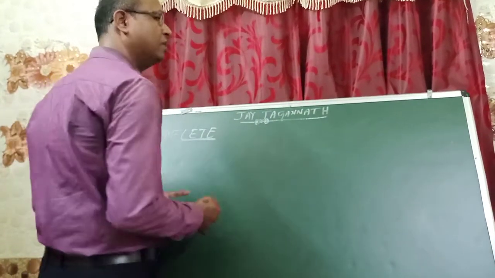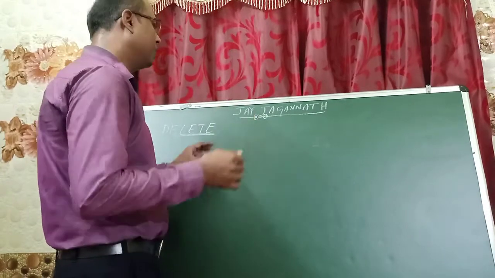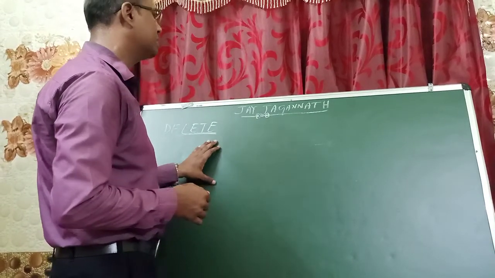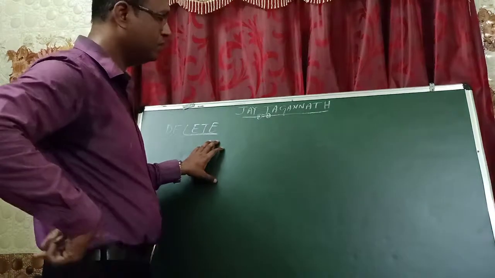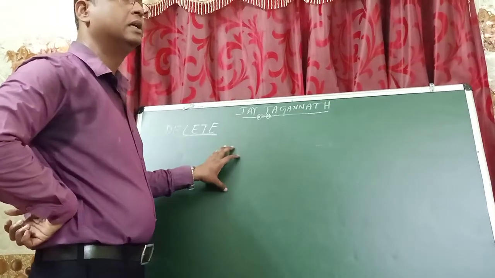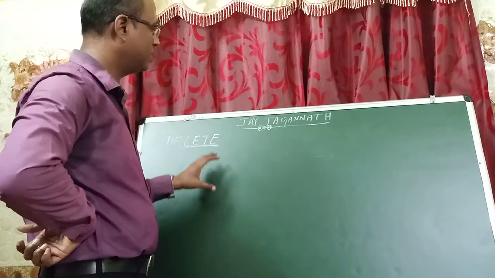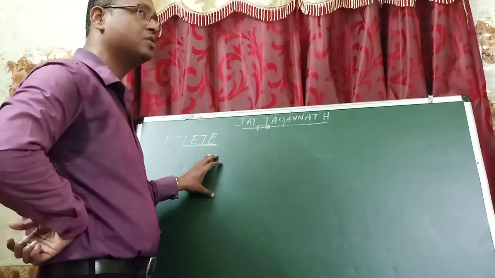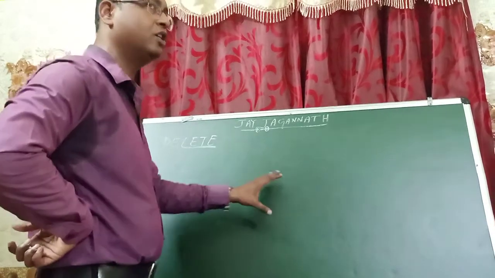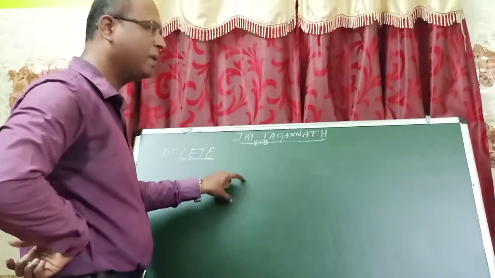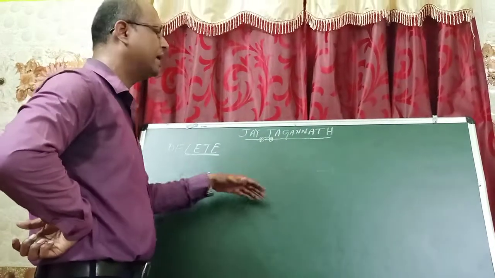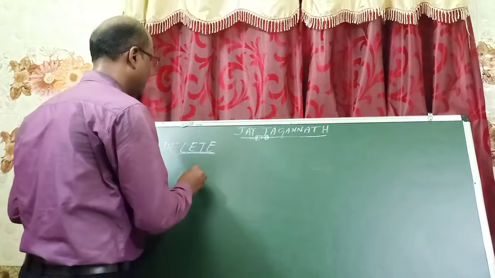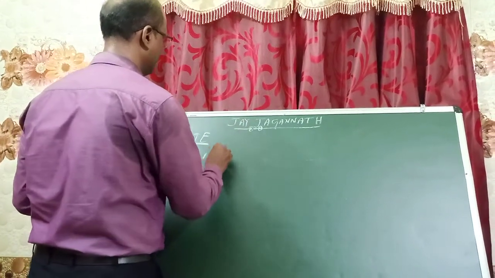You can recall in the previous class we used the drop command. Drop command is used to remove unnecessary objects from the database, but here the delete command is used to remove unnecessary data, not objects. Using the drop command we can delete the table, but using the delete command we can delete the data.